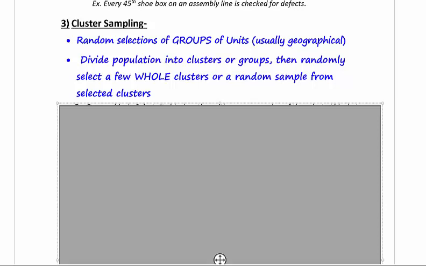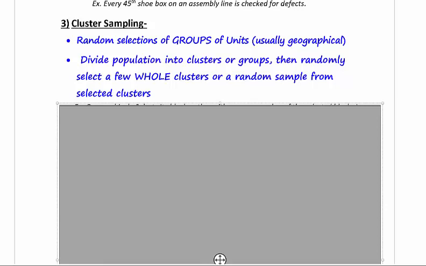Usually this is used geographically. How we would do this is we would divide the population into clusters or groups, then randomly select a few whole clusters or a random sample from select clusters. Notice here, again, we're not taking it from every group.